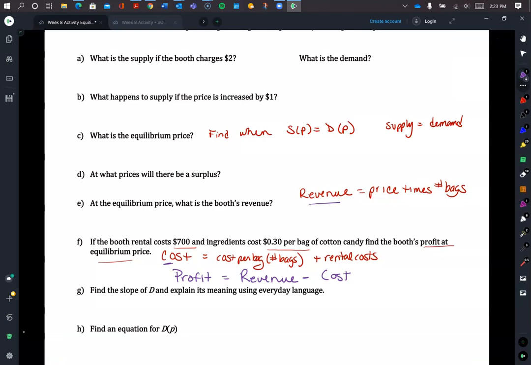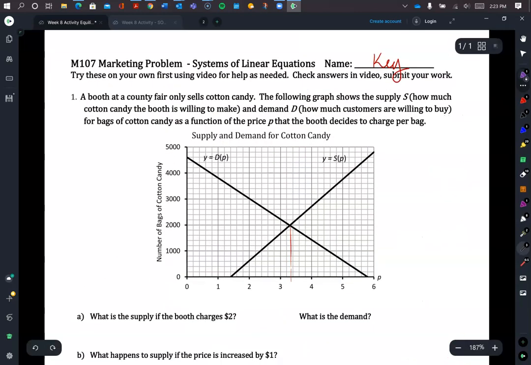G is find the slope of D and explain its meaning using everyday language. So we're going to look at the demand, which is this line right here. And you know it's going down from left to right, so it's going to have a negative slope. So think about that. And then just pick 2 points, maybe this one and this one here, and figure out what your change in y over your change in x is.